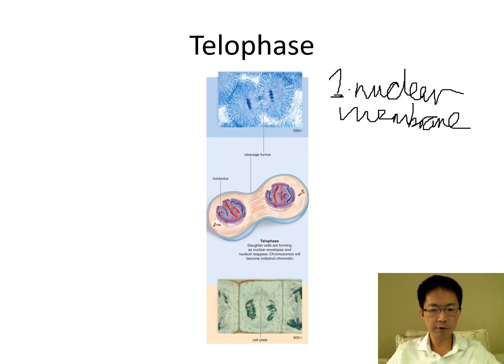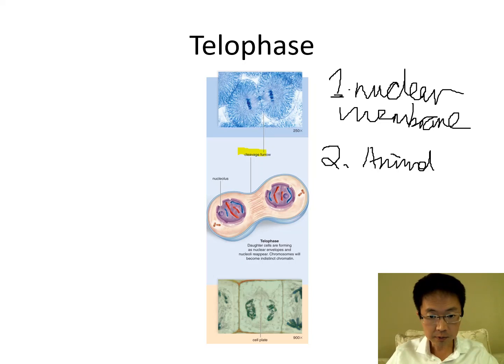Nuclear membrane reform, and then for animal cell, you have something called cleavage furrow here.